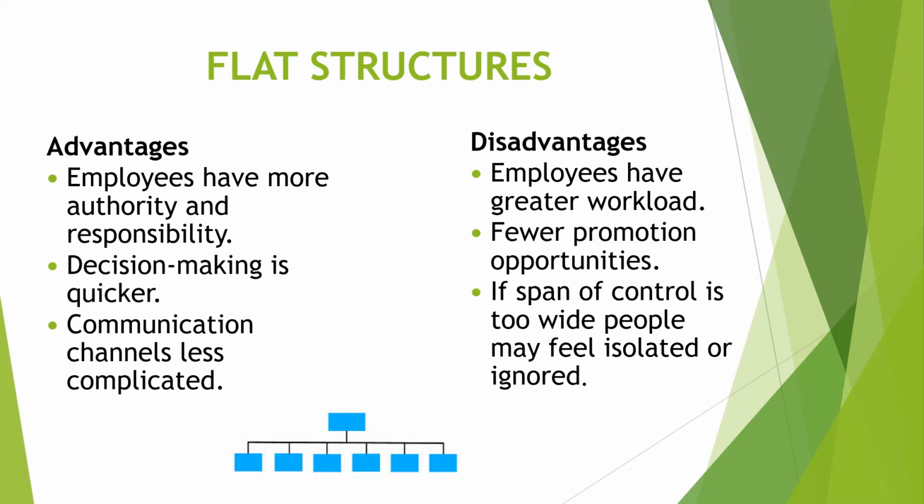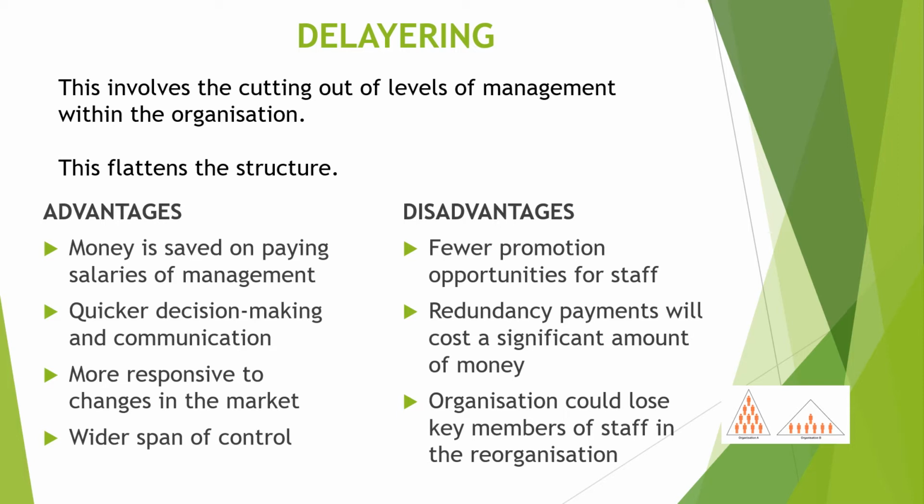While we're talking about flatter structures, the way that an organisation can flatten its structure is by using something called delayering. And delayering involves cutting out levels of management within the organisation, leading to this flatter triangle. Now, what's really important to note here is organisations do not delayer necessarily to get rid of staff.